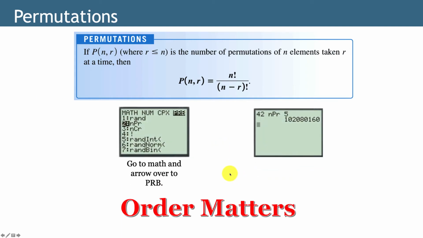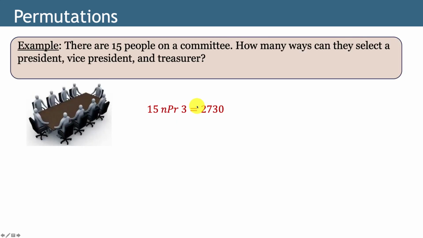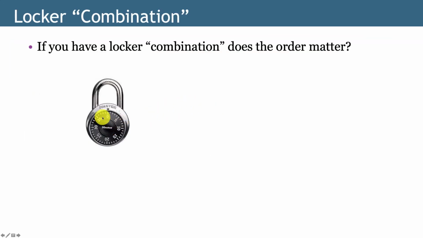So permutations, order matters, which is kind of a problem for me because when you go to use this thing on your locker, order matters. So it's not a combination, it's a permutation. Okay, order matters. And we'll actually talk about combinations in a little bit, but this thing is actually a permutation.